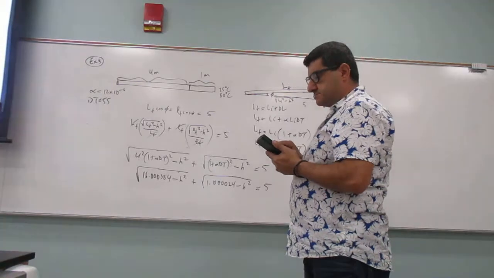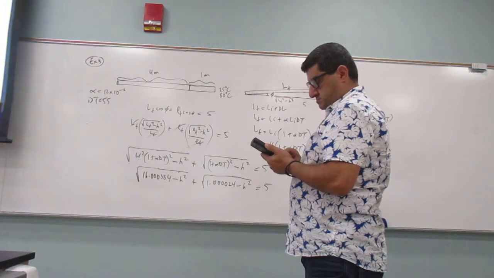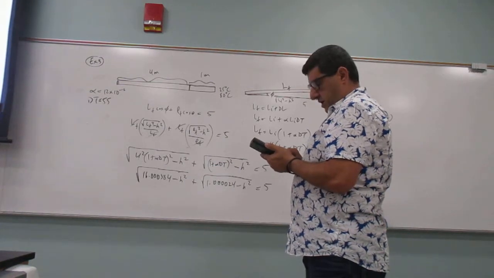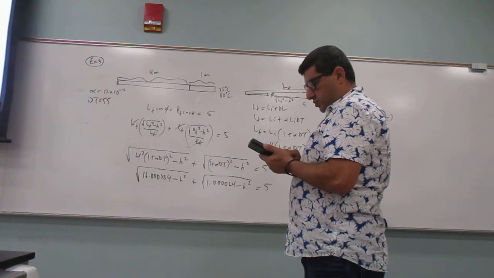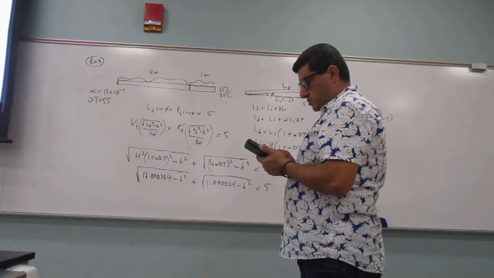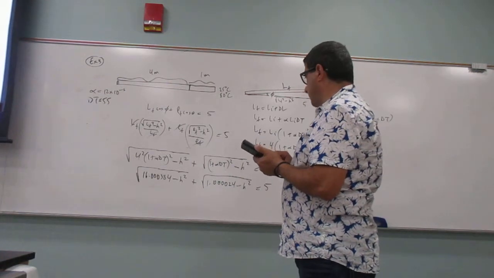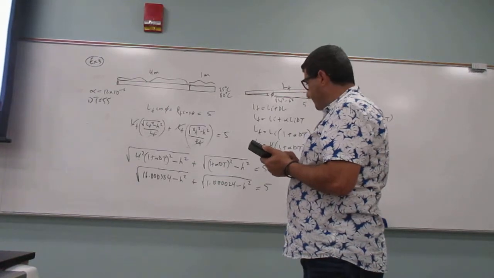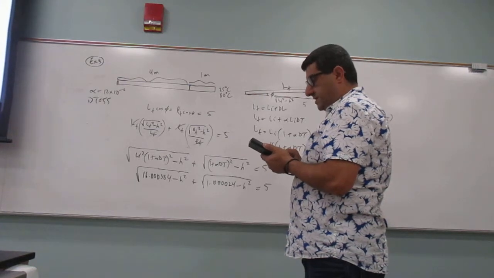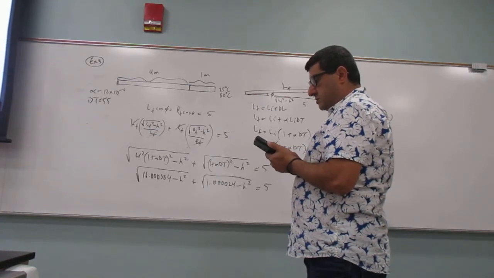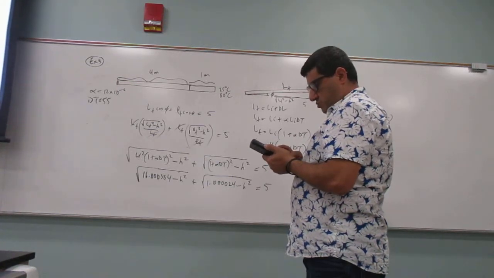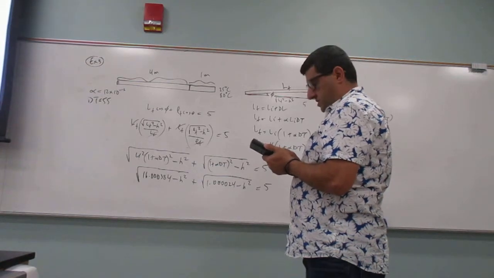The square root of 16.000384 minus x squared, plus the square root of 1.0000024 minus x squared, is equal to 5.